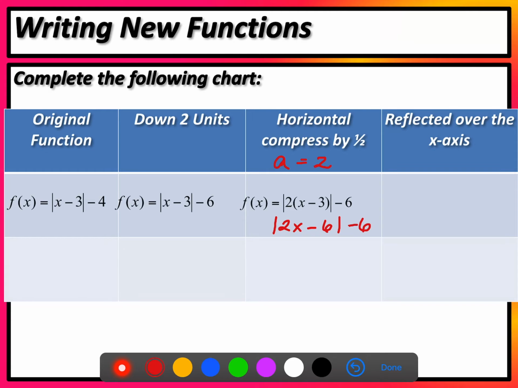If you wanted, you could simplify that out. Now I'm going to reflect over the x-axis. Remember, reflecting over the x-axis affects the entire function, so I want to make sure that I distribute that negative 1 to the front and then 1 to the back. I'm now at a plus 6 for my k value.